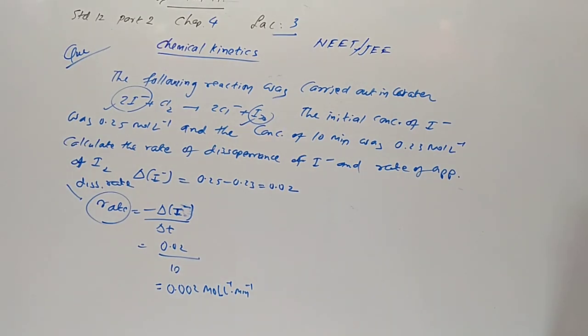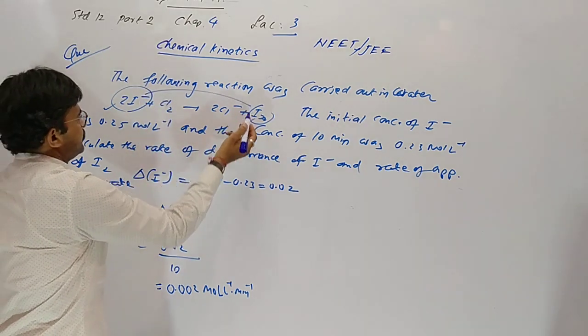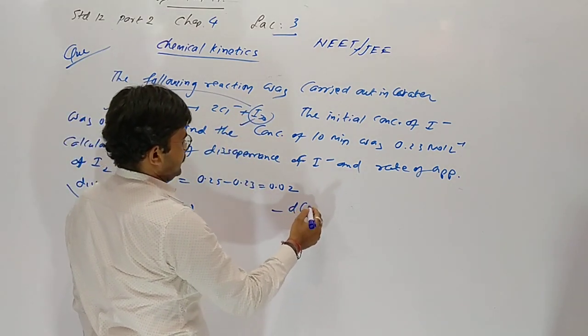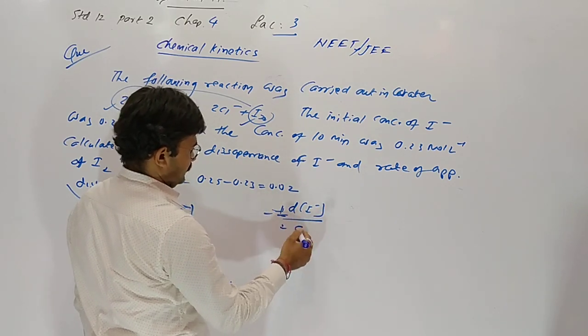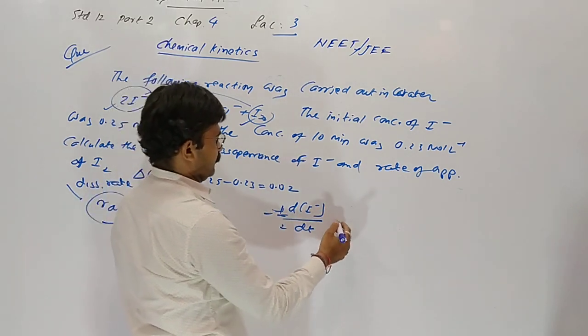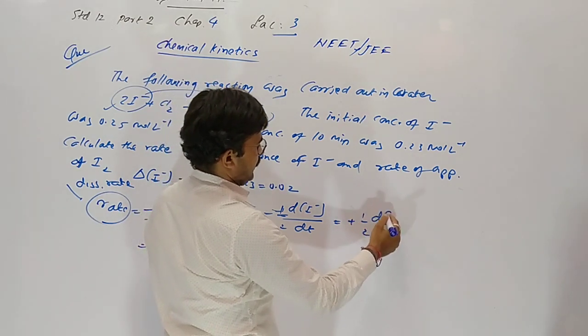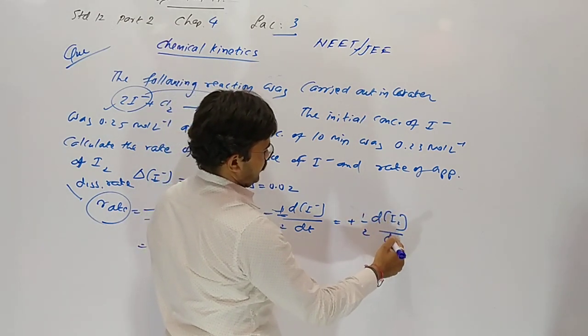Now appearance rate. What is the appearance rate of I2? So compare these two. Minus 1 by 2 d[I minus] upon dt equals plus 1 by 2 d[I2] upon dt.